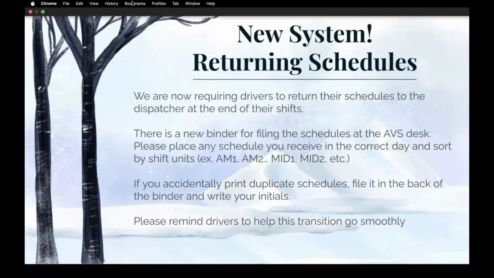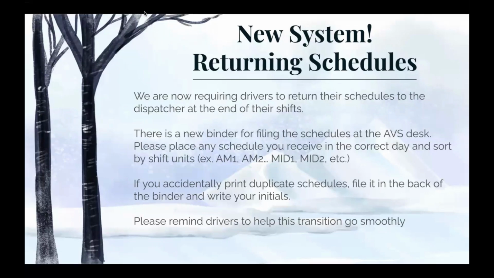As mentioned before, we do have that new system for returning schedules. For you on the dispatcher end, there is a binder for filing these schedules at the AVS desk. Essentially, just place any schedule you receive in the correct day and sort by shift. So AM1, AM2, AM3, then mid 1, 2, and so on.